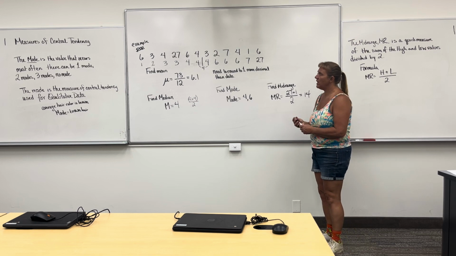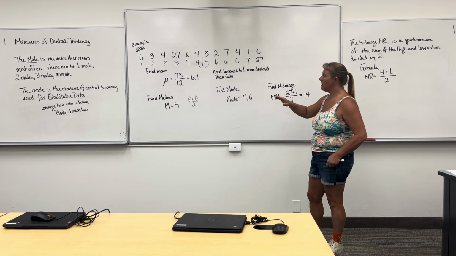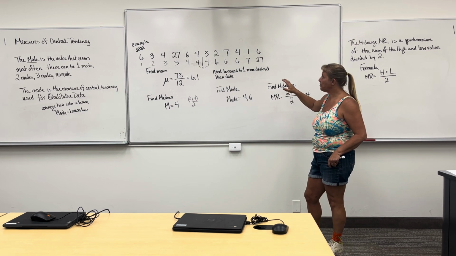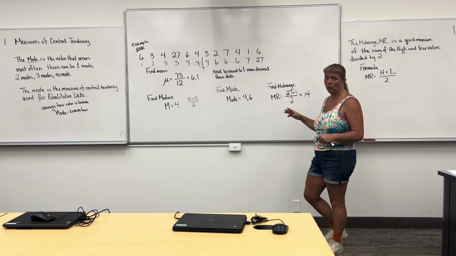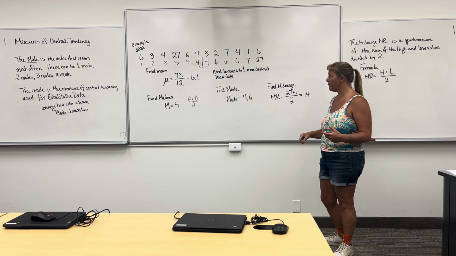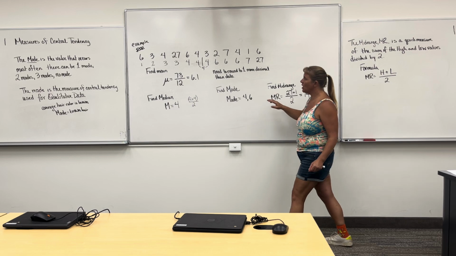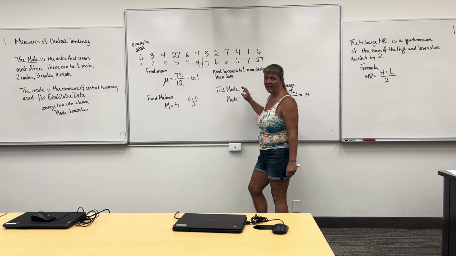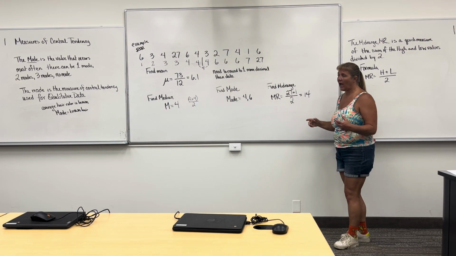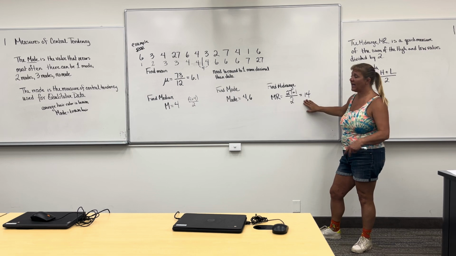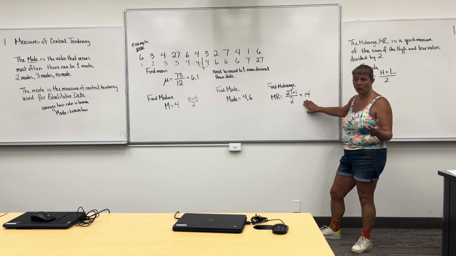What it used to be is that you may have been given a bunch of numbers and you needed to find a real quick measure of central tendency. So it's really quick to go and to find the low and the high number and add them together and divide by 2 and say, well, the mid-range is 14, the measure of central tendency is 14.